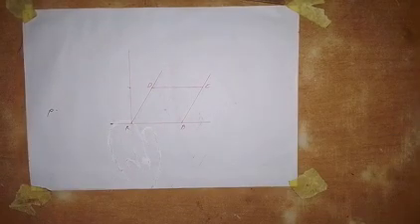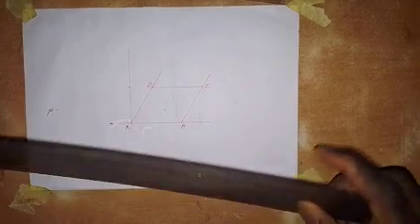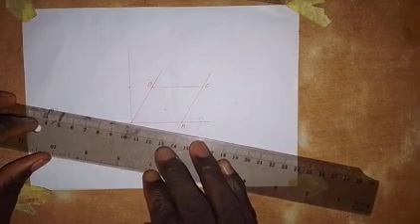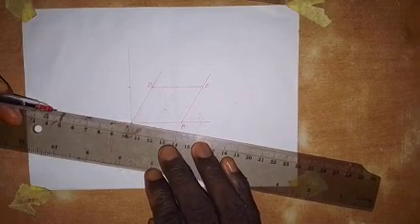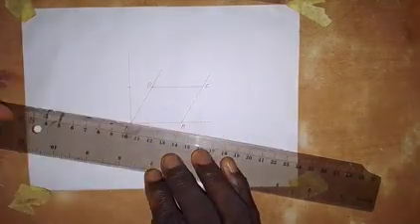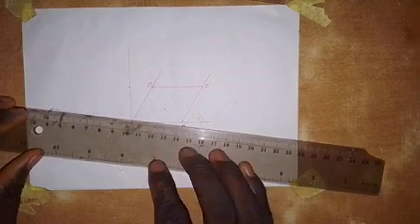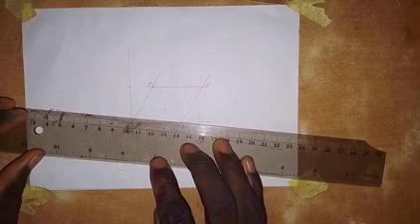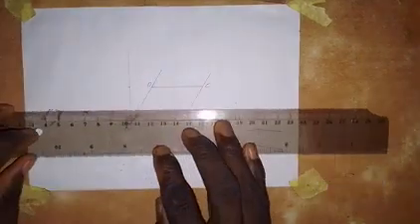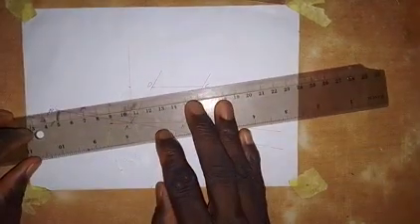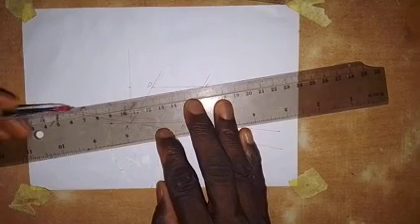So what I need to do now is draw a line through each of the points on the parallelogram. So I'm going to draw a line in this direction, so it passes through point A. So from P again, I will draw a line that will pass through point B. Then from P again, I will draw a line, and the line will pass through point C like this.